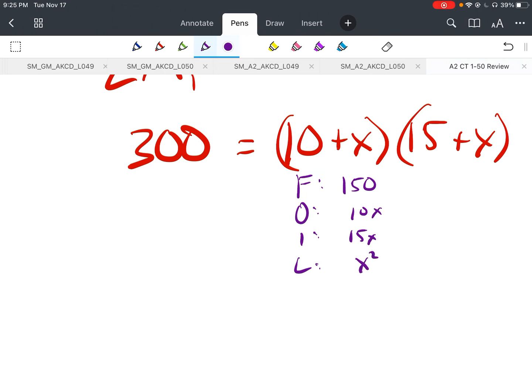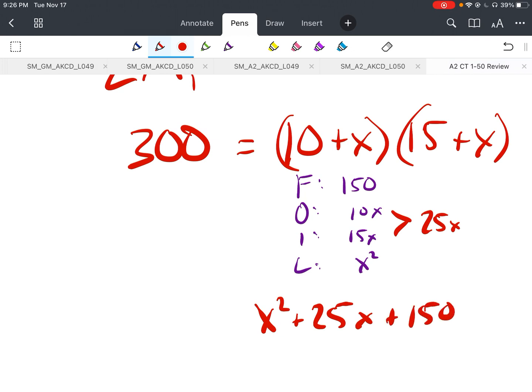Now, if you had rearranged these to do x plus 10 and x plus 15, which wouldn't have been a bad choice, your F and L would have been opposites there, but whatever. All right, combine like terms there in the middle, 25x. And so now I get x squared plus 25x plus 150 equals 300.